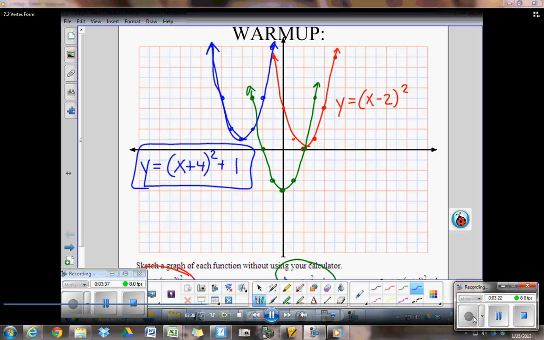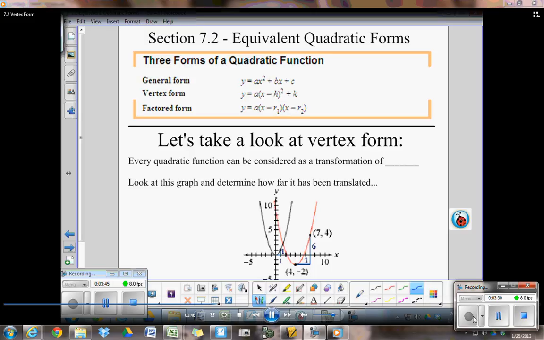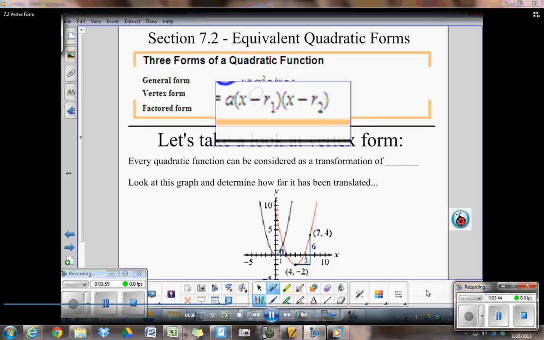For example, the blue one was left 4 and up 1. It's called vertex form because the vertex is now at (-4, 1). The a, by the way, tells us how much this parabola has been dilated. We'll talk more about that pretty soon, when we get down to factored form.